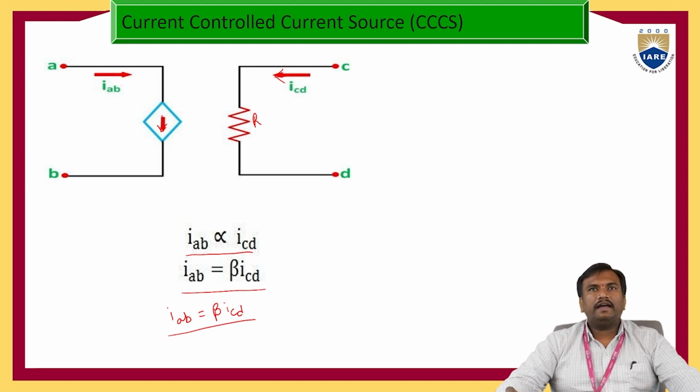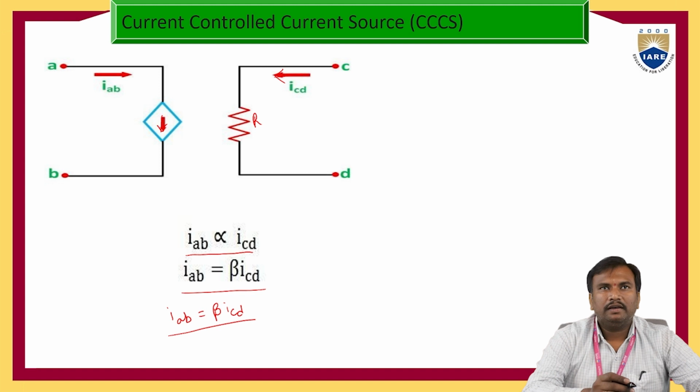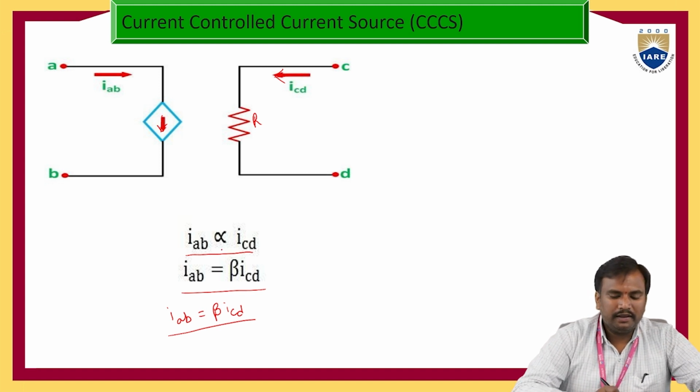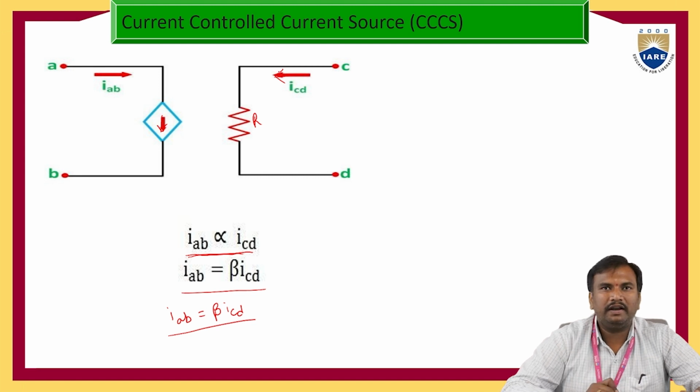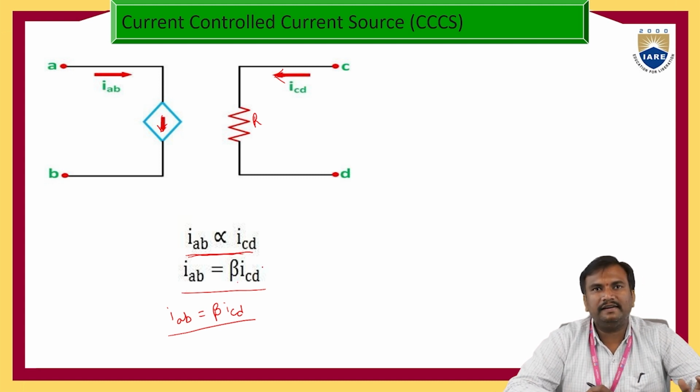The next one is current controlled current source. Here the current is proportional to the current flowing through another element in the circuit, where IAB is proportional to ICD, and IAB can be written as beta into ICD.